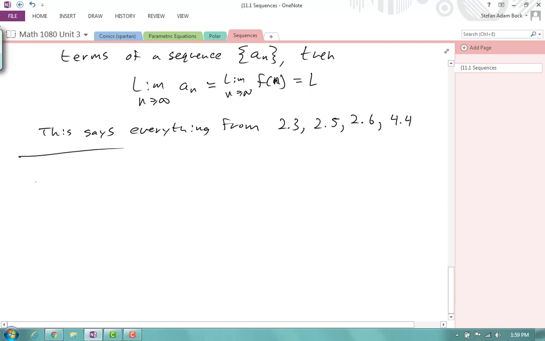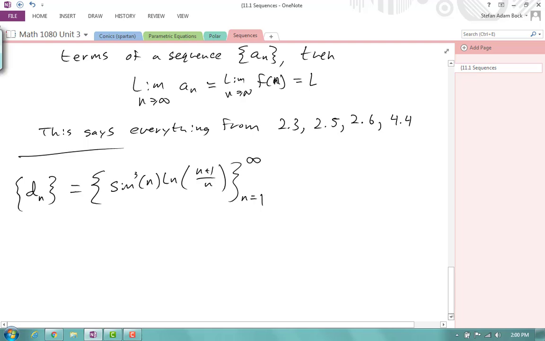For example, if I wanted to find, I'll say this is d sub n, this is equal to sine cubed of n multiplied by the natural log of n plus 1 over n, and that goes from n equals 1 to infinity.